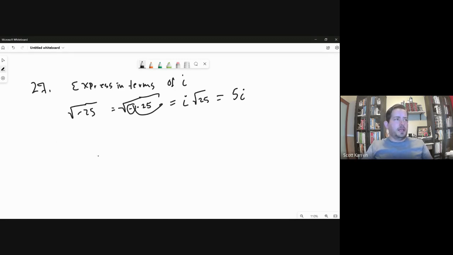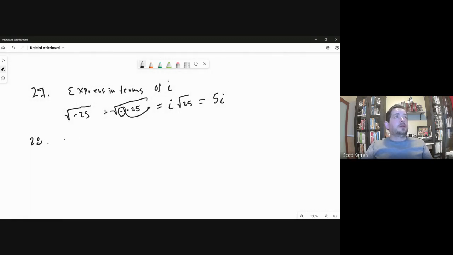Let's look at 28. 28 talks about multiplying and dividing complex numbers. So let's just pick, let's say B, and say that's 4 plus 3i. And that gets multiplied by negative 3 plus 7i.